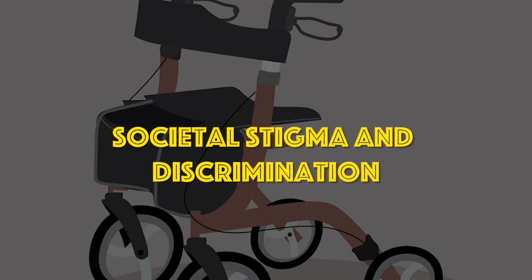The first issue is societal stigma and discrimination. Disabled individuals often encounter stigma, discrimination, and social exclusion in various aspects of life, including education, employment, and societal interactions. Negative attitudes and misconceptions about disabilities contribute to this discrimination.